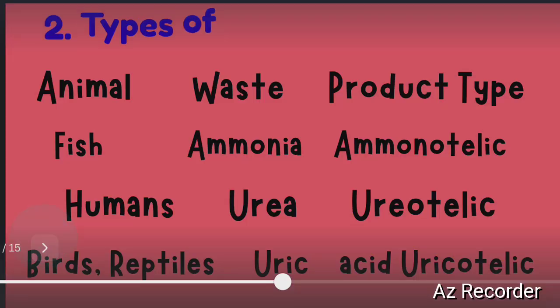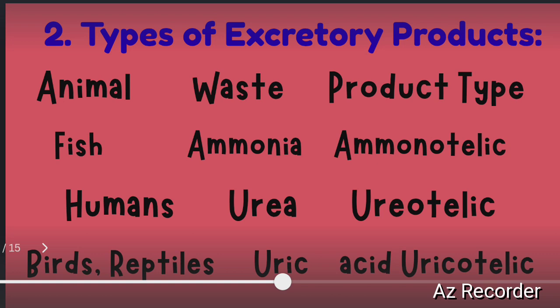And next we'll move on to the types of excretory products. Based on the type of animal, the waste products also differ.